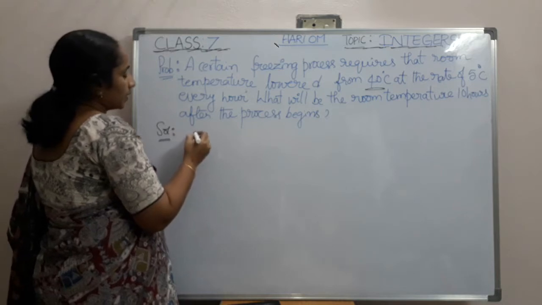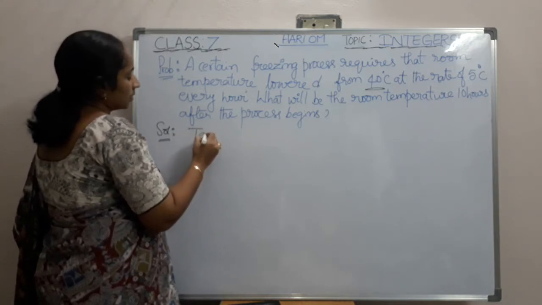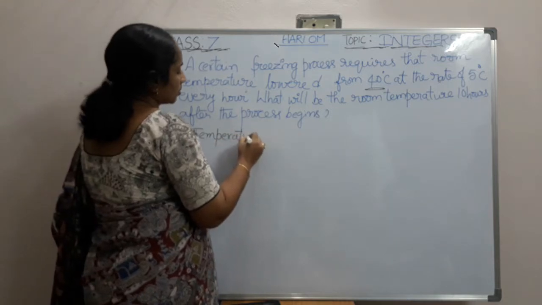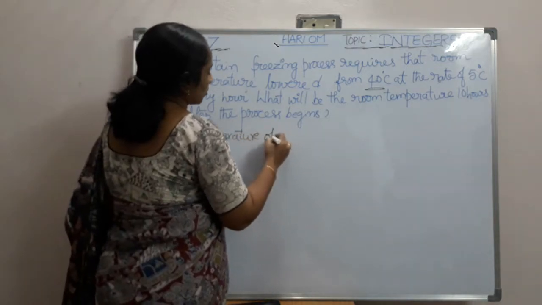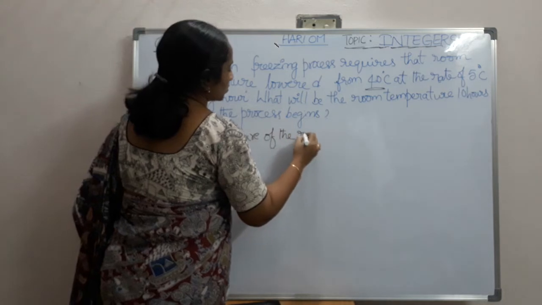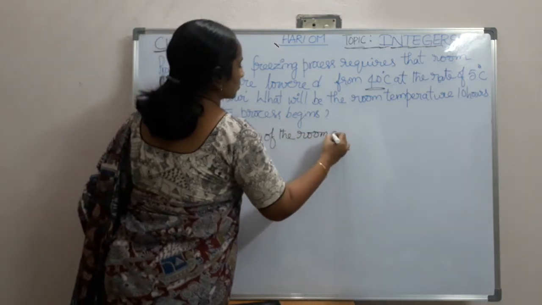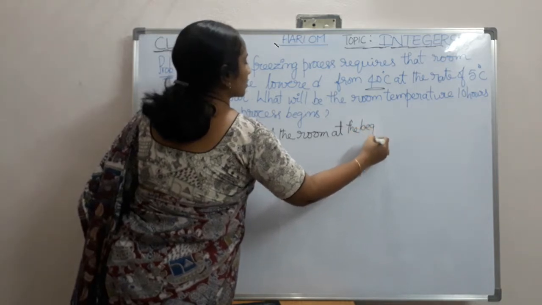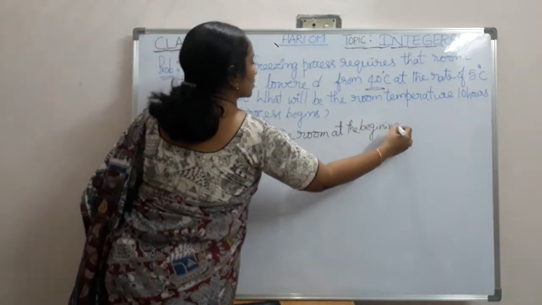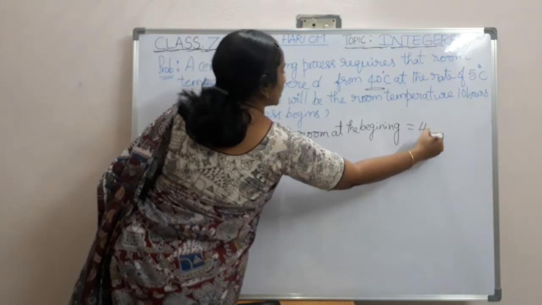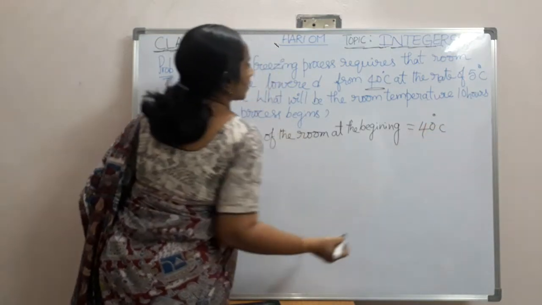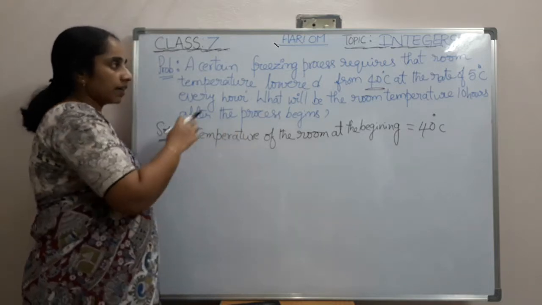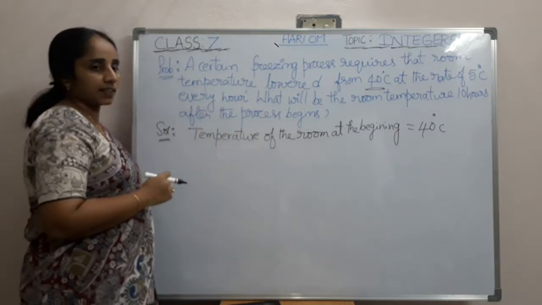So, write that the temperature of the room at the beginning is equal to 40 degrees C. What is the rate of decrease for every 1 hour? It is 5 degrees centigrade.